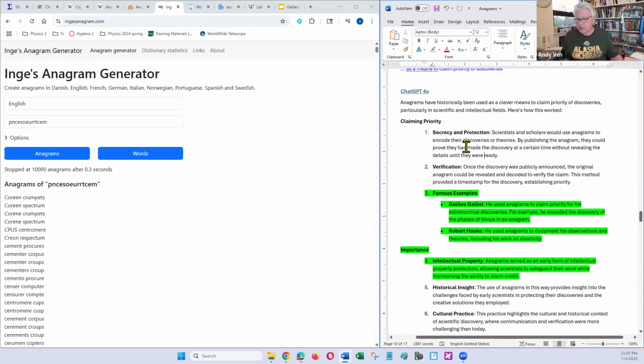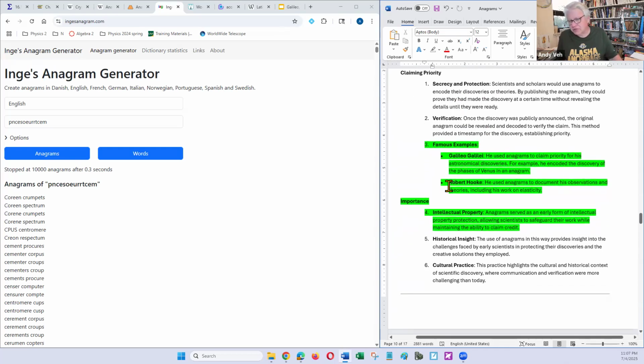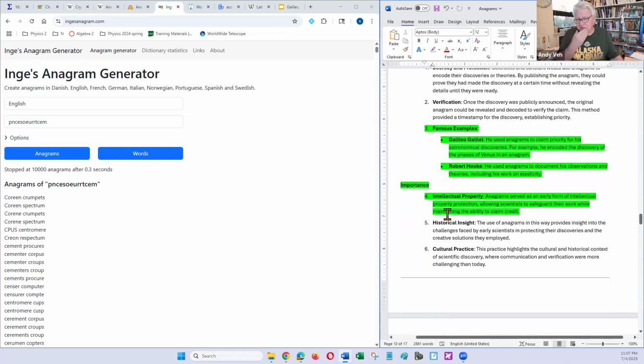So he lived about 400 years ago, born 1564, died in 1642. I think I got it right. And then Robert Hooke lived 100 years later, so in the mid-17th century. And the other one I was thinking of was Kepler. We're going to come across him here very soon.